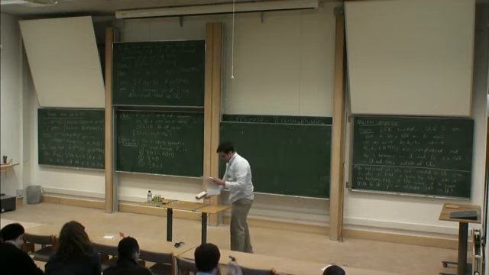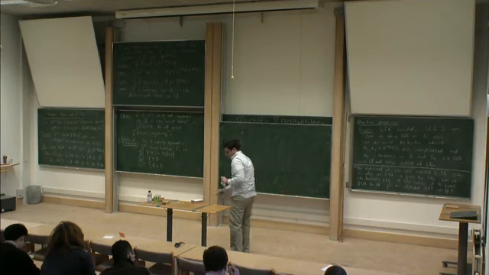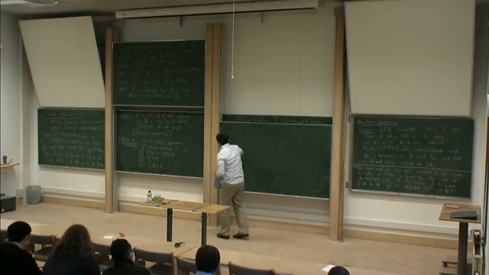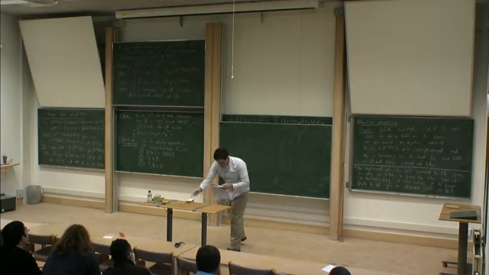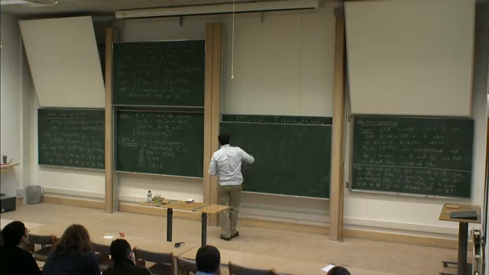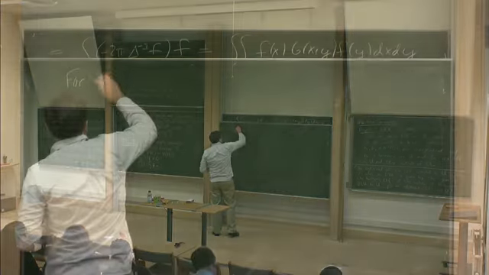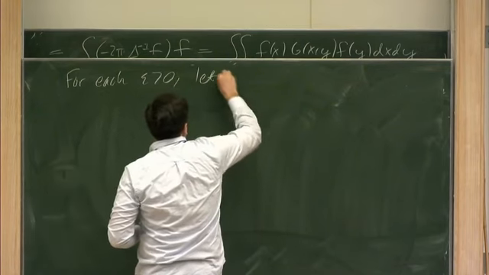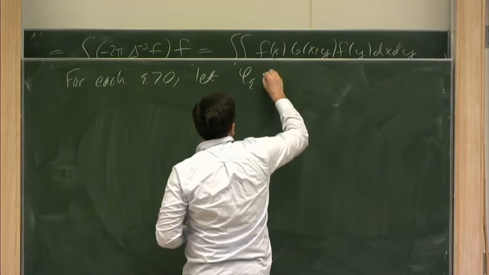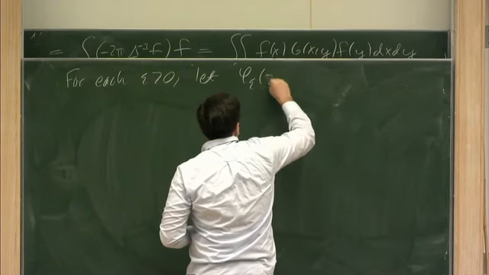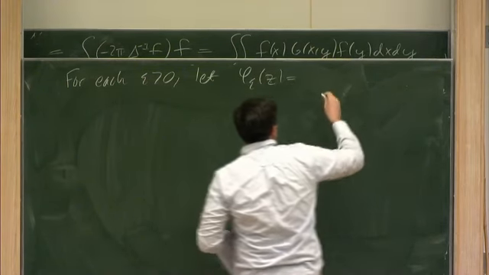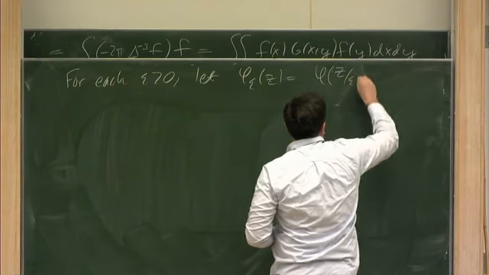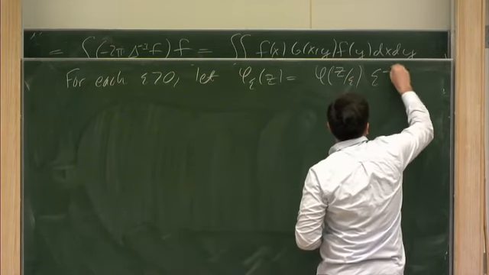And then finally, for each positive epsilon, I'm going to let phi sub epsilon be what you get when you just scale everything by epsilon.